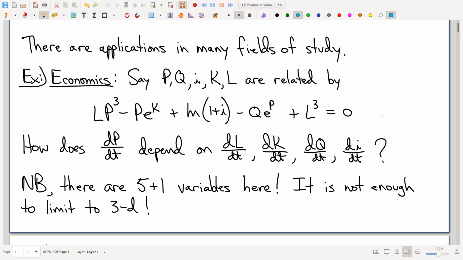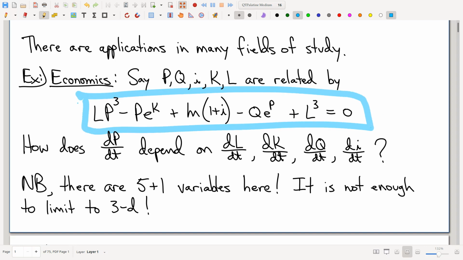Now, this first one here, this is not a real economics equation. I just kind of wrote down some stuff. But that said, economic models very often have this general structure, namely there's a bunch of different variables that are related by way of an equation in which none of the variables has been solved for.